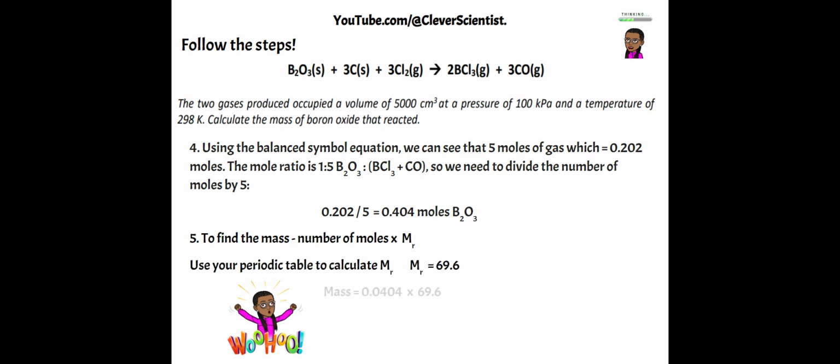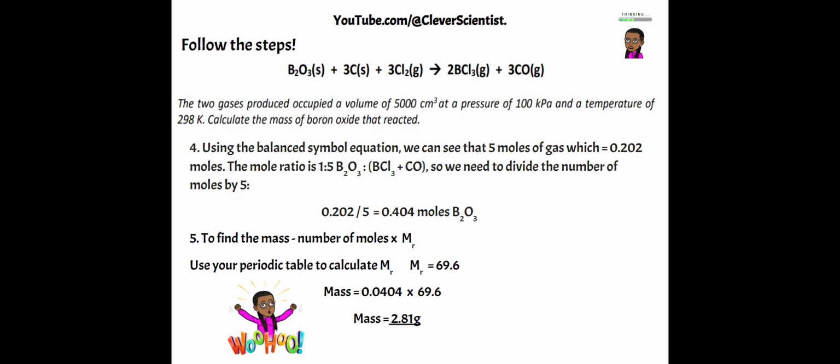If we look at the mole ratio, we have a ratio of 1 to 5 boron oxide to the two gases that are produced, boron trichloride and carbon monoxide. So we need to divide the number of moles by 5 because of this 1 to 5 ratio. And when we do that, we end up with a value of 0.0404 moles of boron oxide.